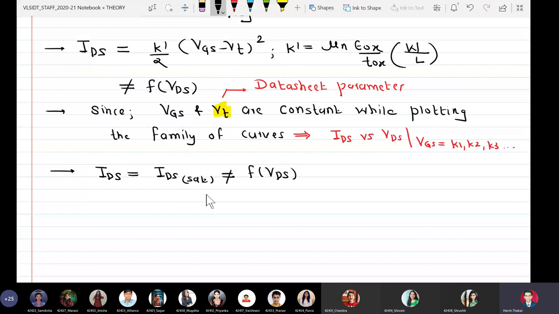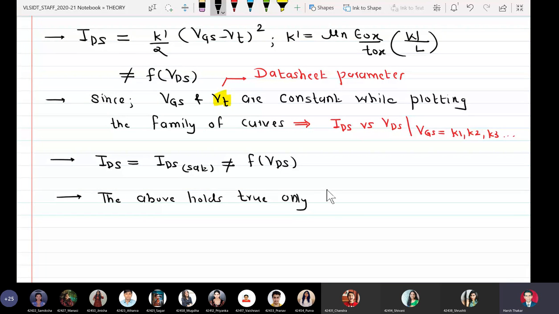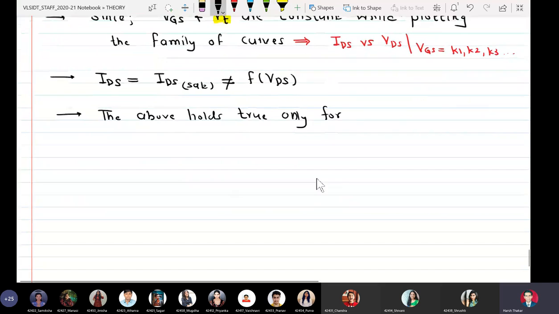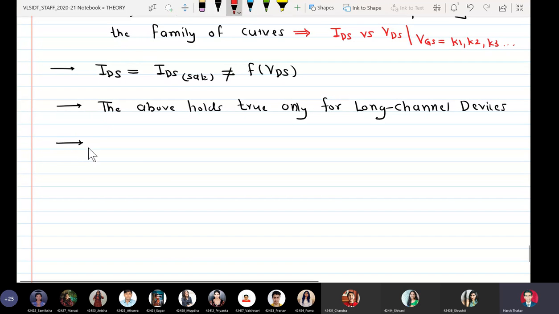But please understand that the above holds true only for long channel devices. This is most important, which explains channel length modulation.